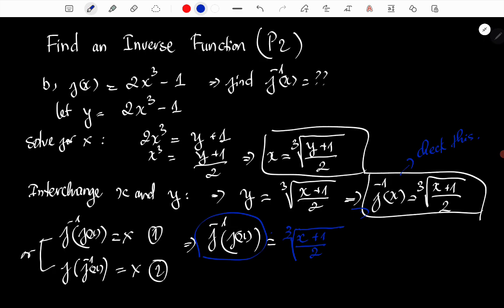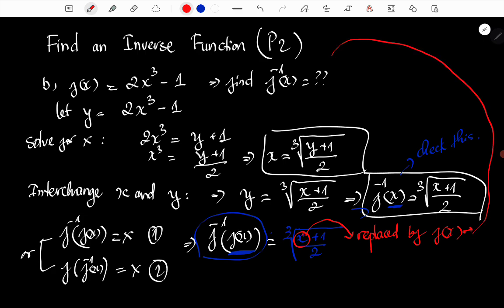But remember, this is the inverse function of x, and here it is the inverse function of f(x), so the little x right here we need to replace by f(x). So what is f(x)? f(x) is right here, the one given by the exercise.